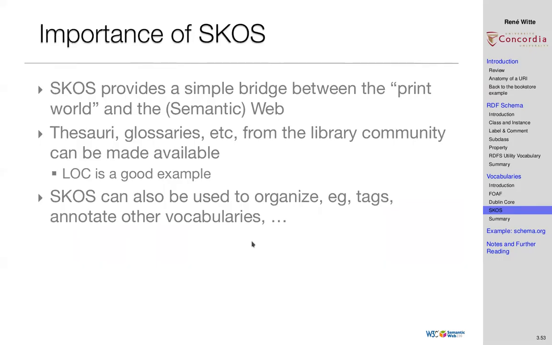So whenever you have some existing classification scheme for pretty much anything that has been out there, like books and artwork and classifications of technological terms and so on, you can easily bring them into a knowledge graph form using this SKOS vocabulary. And people have used this for translating existing glossaries and thesauri into knowledge graph form for the last couple of years. So almost everything that you might want in terms of existing work is now available in the form of a knowledge graph for an AI application.